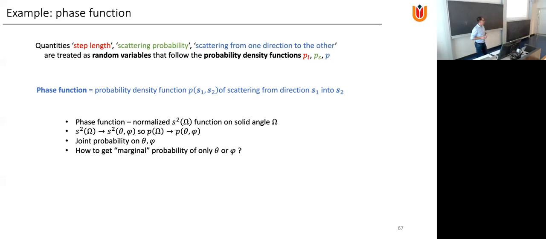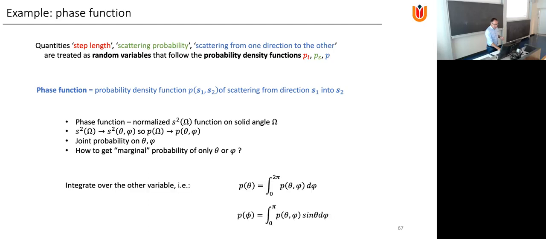So the phase function itself is a joint probability function of theta and phi. But what we're now going to be interested in is the probability that is a function of theta only, and of phi only. So we have a function that describes the joint probability, but we want to know the probability density of theta and phi separately. In order to do that, we need to perform two integration steps.